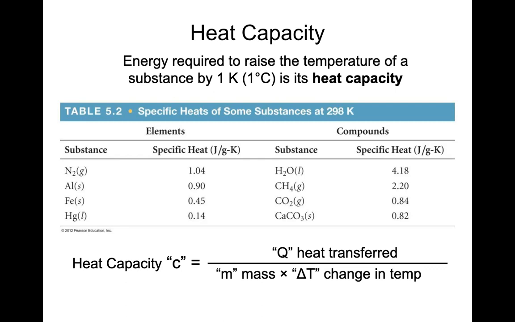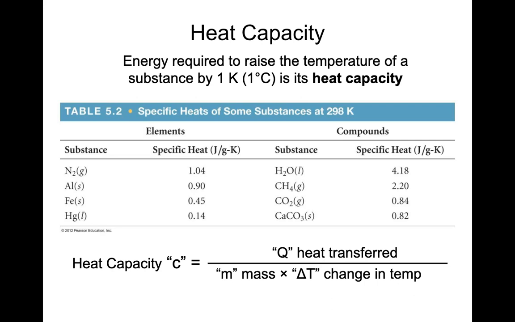Heat capacity is the energy required to raise the temperature of a substance by 1 degree Celsius. Notice that the specific heat capacity is different for different substances. Notice that water on that list is much higher than the other substances listed. And heat capacity, C, is related to the heat transferred, mass, and change in temperature.